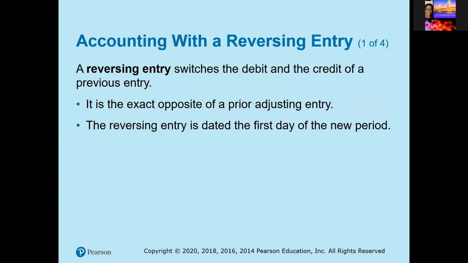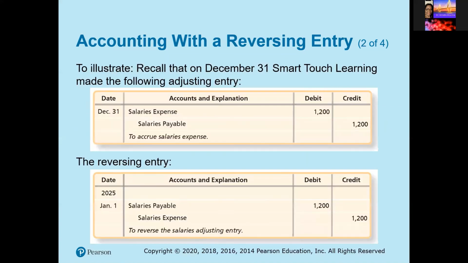A reversing entry switches the debit and the credit of a previous entry. It is exactly the opposite of a prior adjusting entry. The reversing entry is dated the first day of the new period.